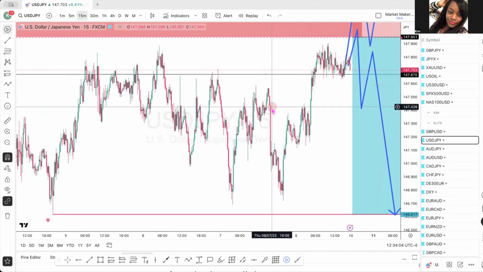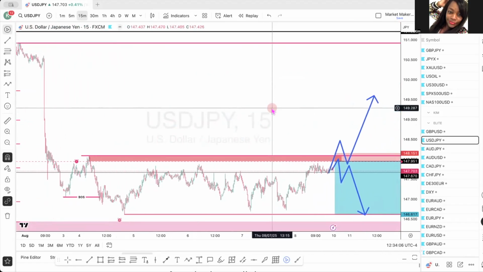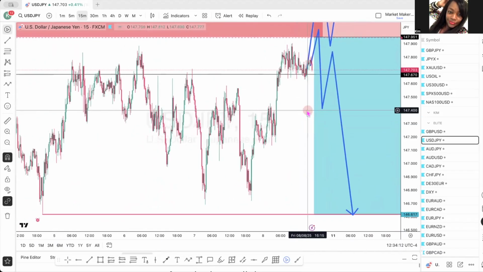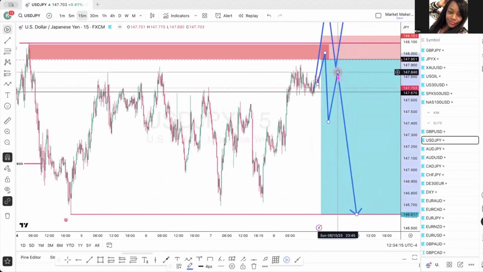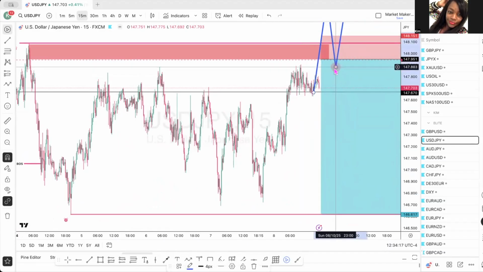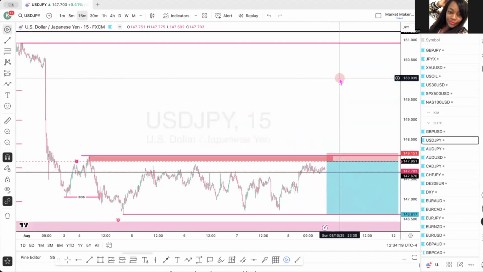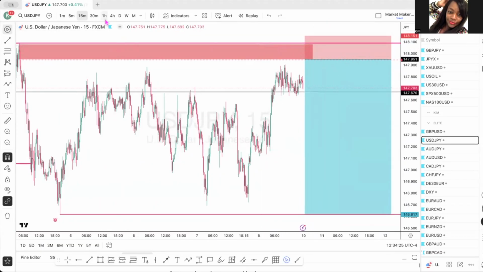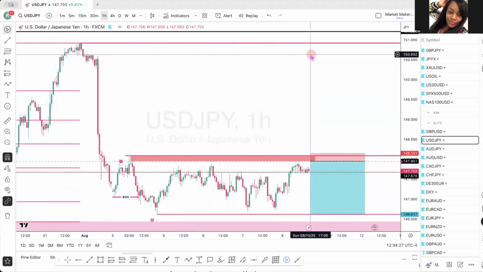So once price gets there, I will look at the chart. I already have what I think is going to happen marked up. So I will wait for price to come here, show me structure. Again, I would want to see it on the 1 hour.